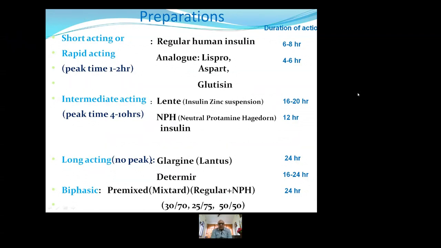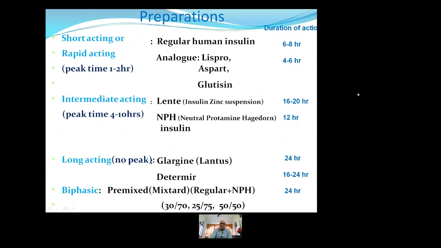Biphasic premixed: that means regular plus NPH, that is, short acting and intermediate acting. It comes in three forms: 30-70, 25-75, and 50-50, which indicate the percentage of regular and NPH insulin.